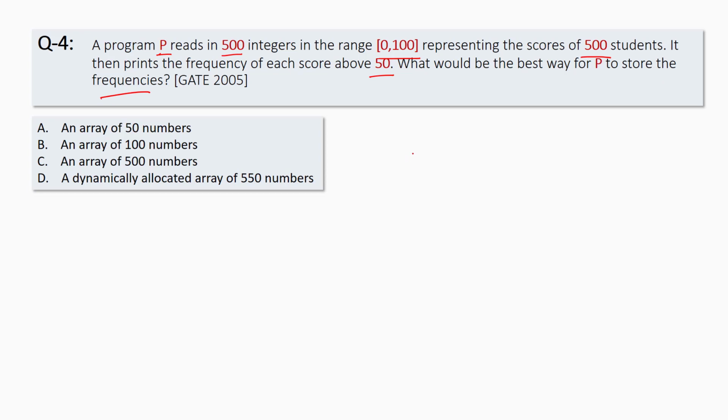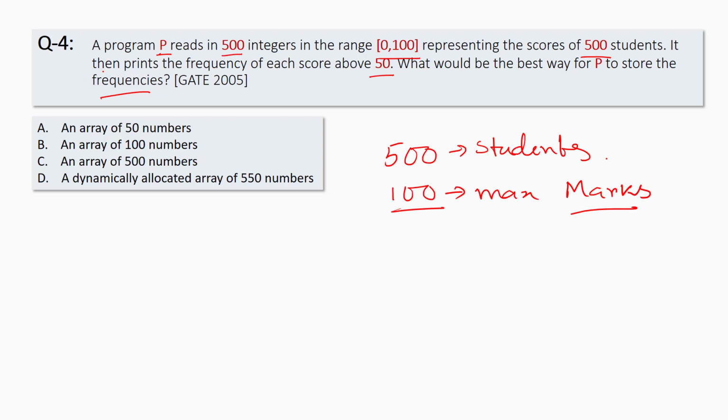Here in this problem, we have 500 students, and all the students have gone through an exam where the maximum marks is 100. Now the program will print the frequency of each score above 50.